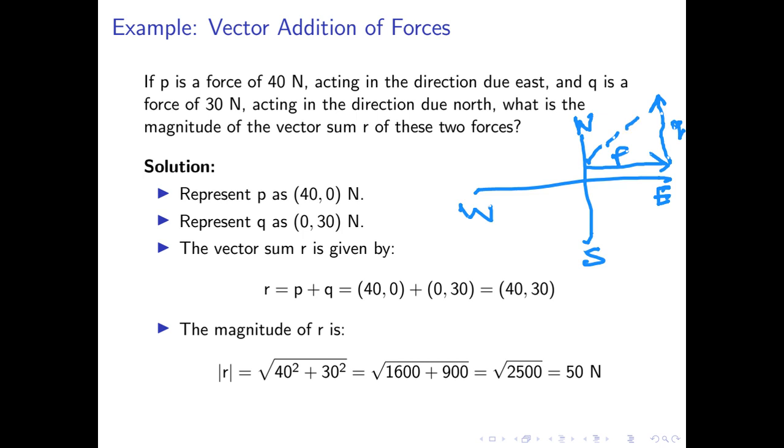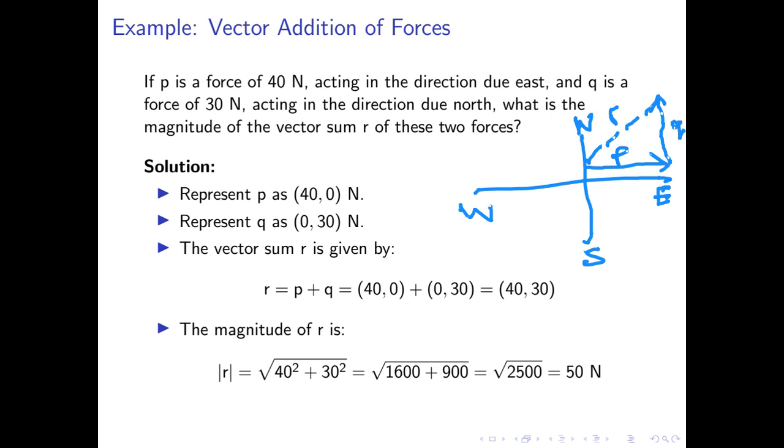Beautiful. These two forces are at 90 degrees with each other, and therefore we can calculate the magnitude of R using the hypotenuse, the Pythagoras equation rather. But before then, let us compute what R is. How do we know what R is? We know that P is 40, that is, it goes from 40 to 0.